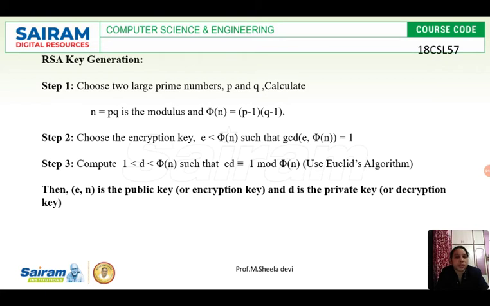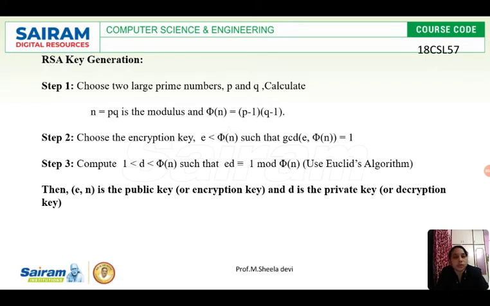That is the formula E into D is equal to 1 mod phi of n, which is computed using Euclid's algorithm. Once we have calculated E and D, we get the public key and the private key. E comma n is the public key and D is the private key.